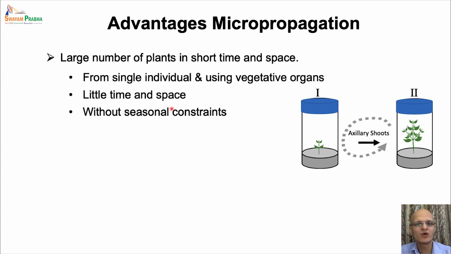That is, very small explants are used in the propagation method, and therefore large number of plants can be produced and maintained in small space. And therefore it can help in the storage of the germplasm and also saving the endangered plant species using very little spaces.